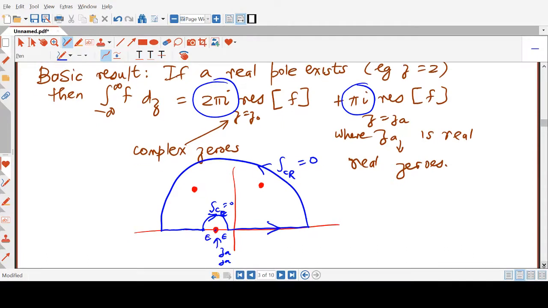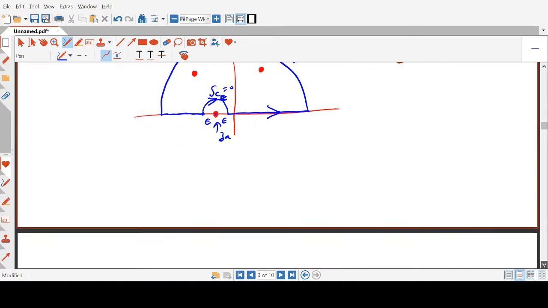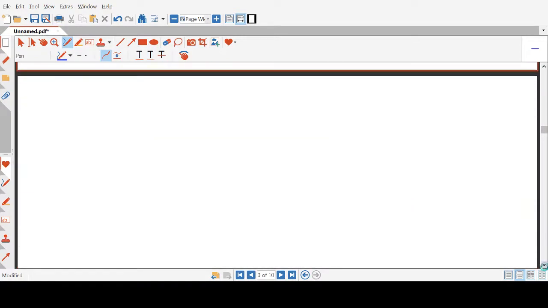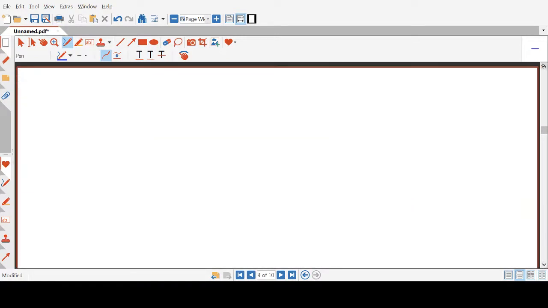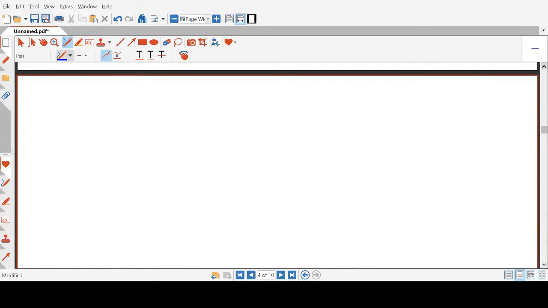Let's take an example. Usually, an example will make the thing clearer. So again, let me not take the textbook example because you may want to read it yourself. So here, example: find the integral from minus infinity to plus infinity of 3 sine pi x over x cubed minus 1 dx.